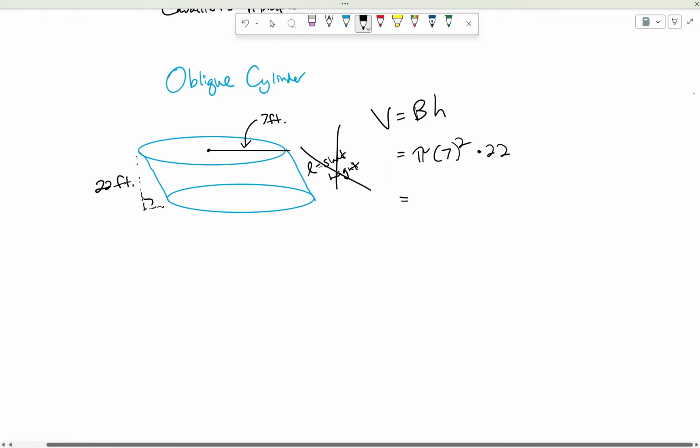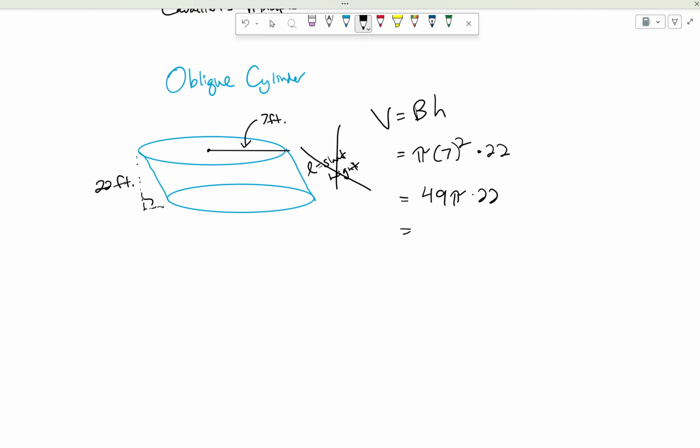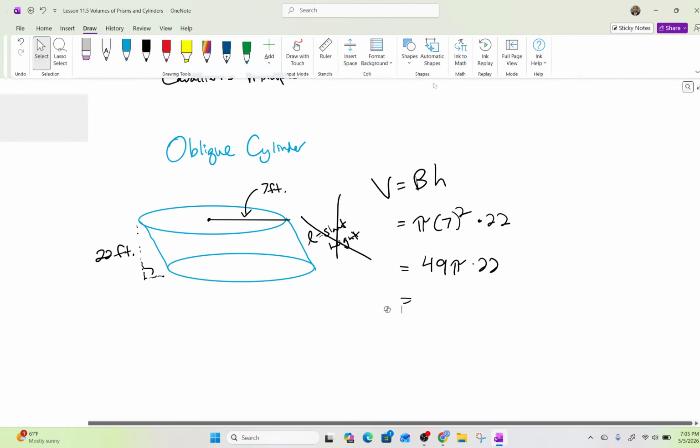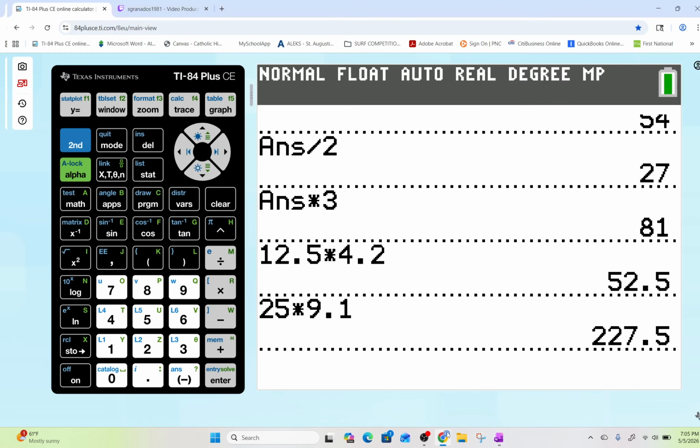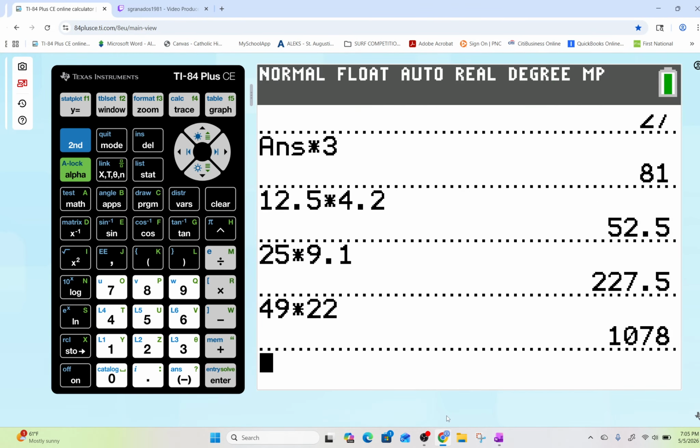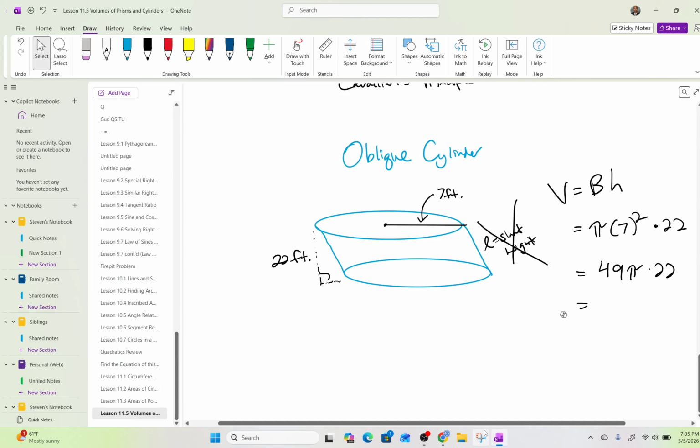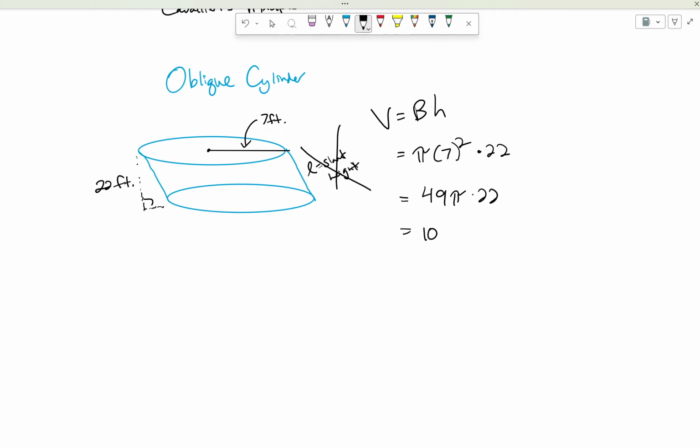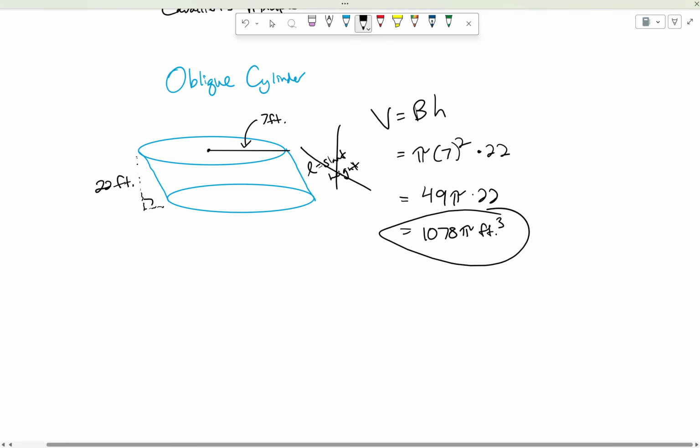So that's just knowing which thing to use. So we have 49 pi times 22, and according to my calculator, it's 1078. So 1078 pi feet cubed. All right, and that is the lesson. Good luck.